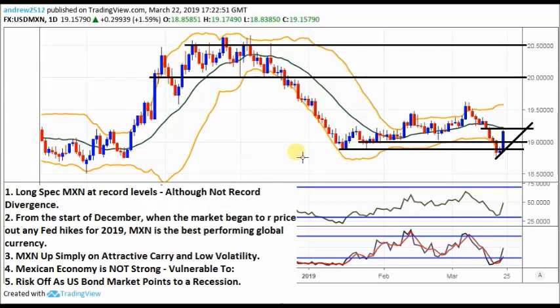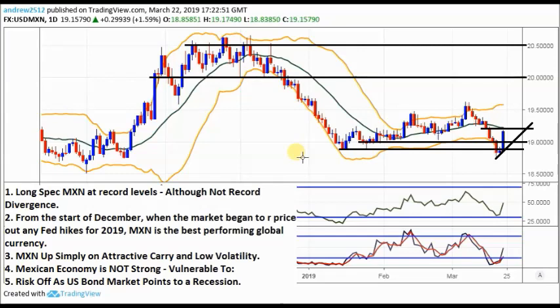When I say I don't mind if I'm wrong, I don't quite mean it like that. I'd like to be right, but the risk reward is so good that this trade setup for me is always worth going with. You're with the smart money. The smart money tends to be right about the big turning points, the divergence, and the fact the specs are a record long. Makes me very, very bullish.